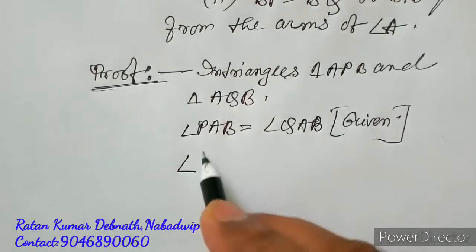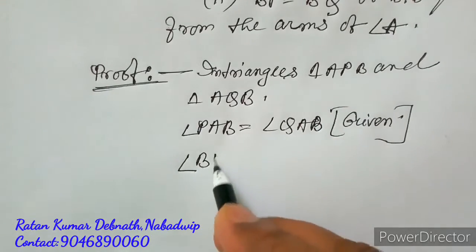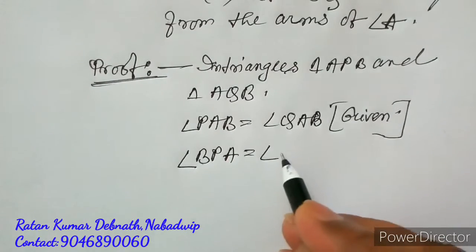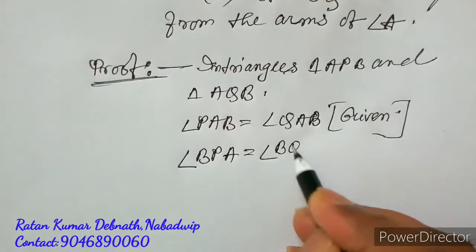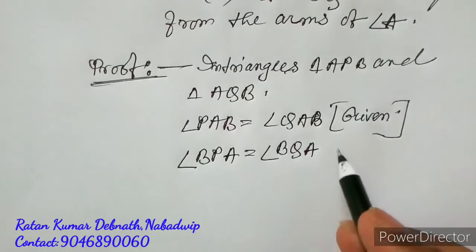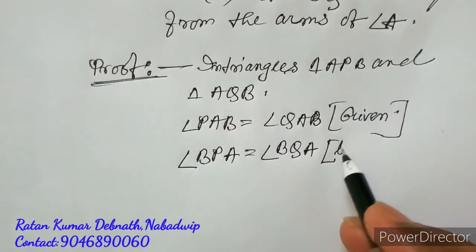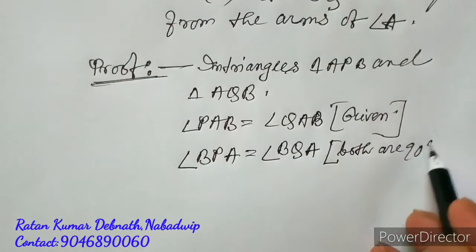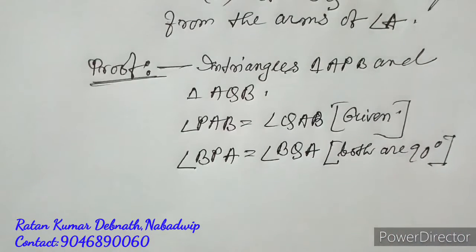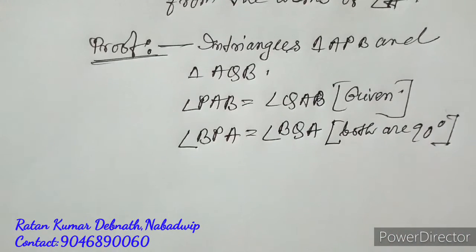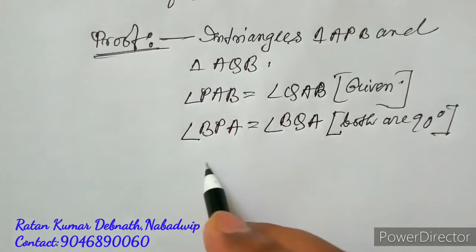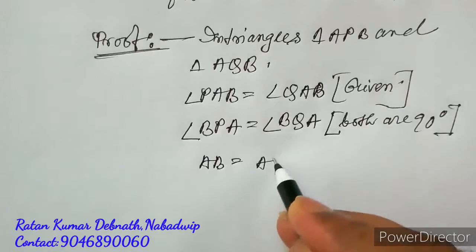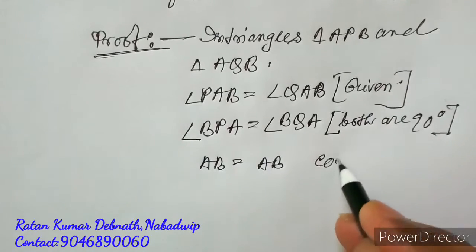Angle BPA equal to angle BQA. Why? Both are 90 degree. Moreover, AB equal to AB, common.